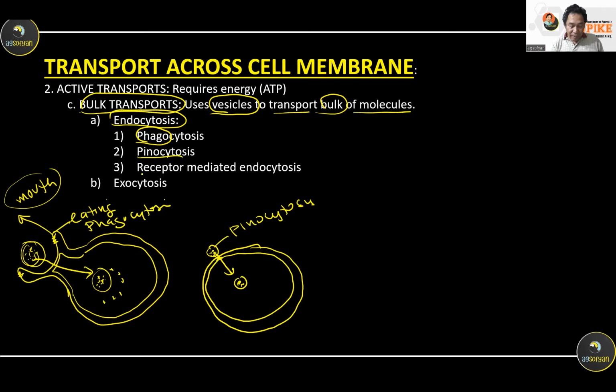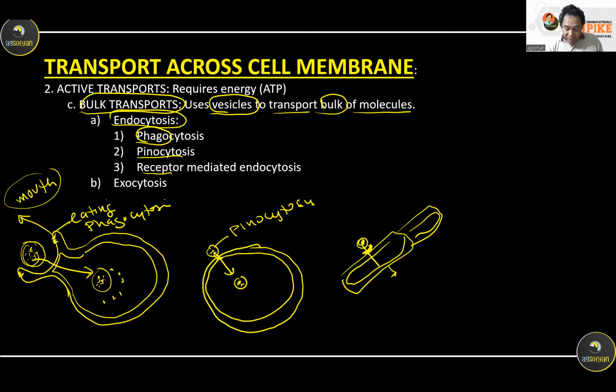And then the next one is called receptor-mediated endocytosis. Let's say this is a cell, and this is inside. There is a receptor on this cell that receives this vesicle, and then they enter the cell.